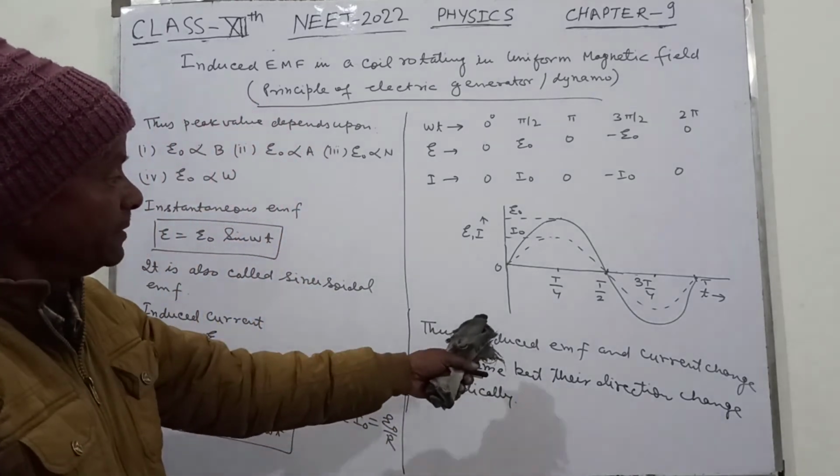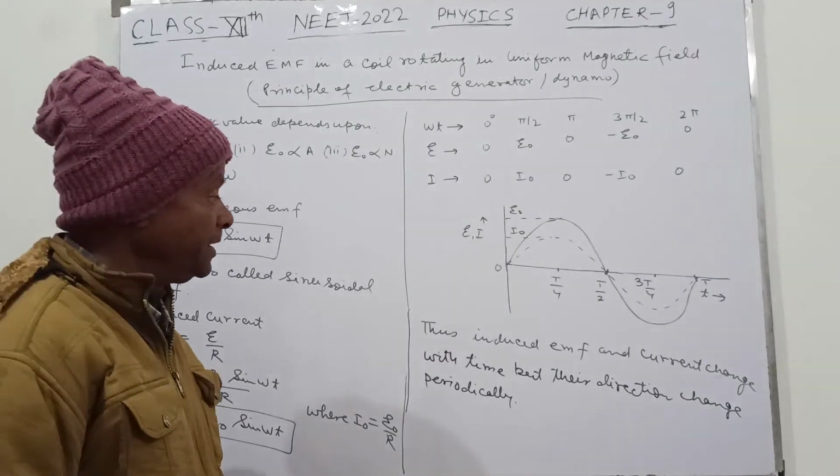Such kind of induced EMF and current are called the alternating EMF.